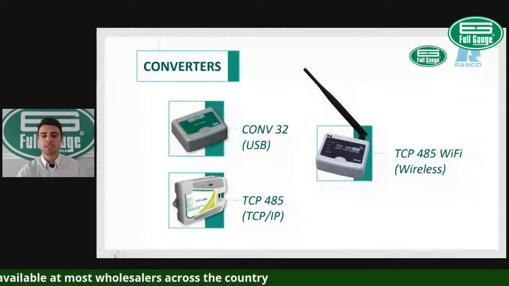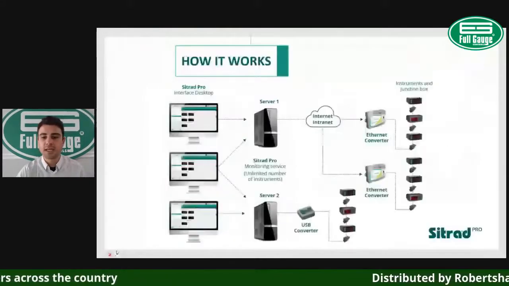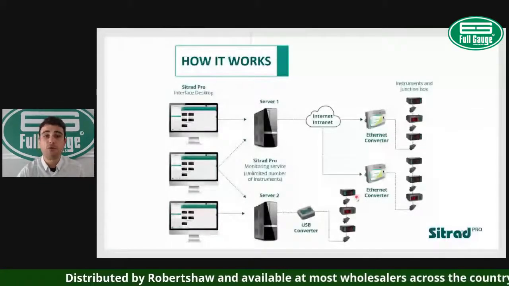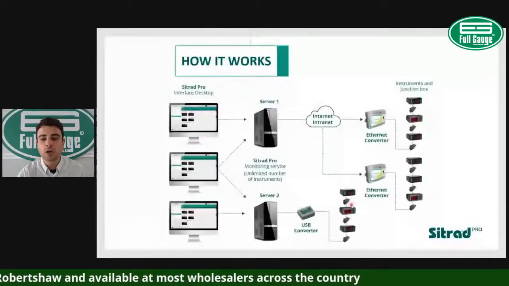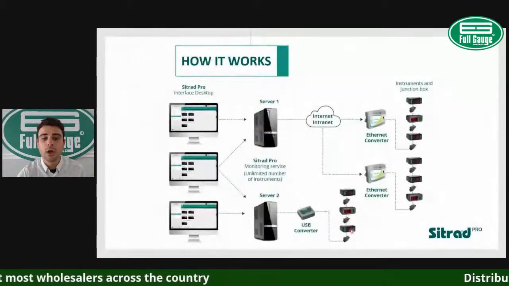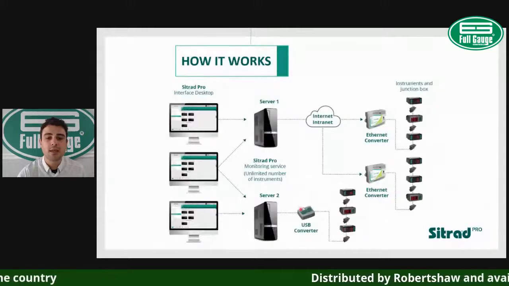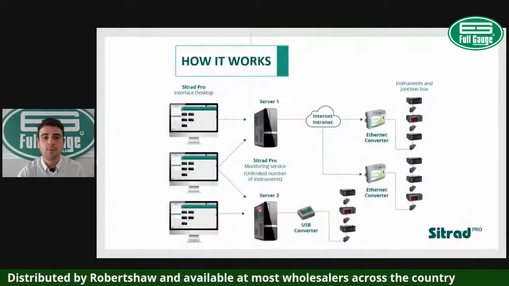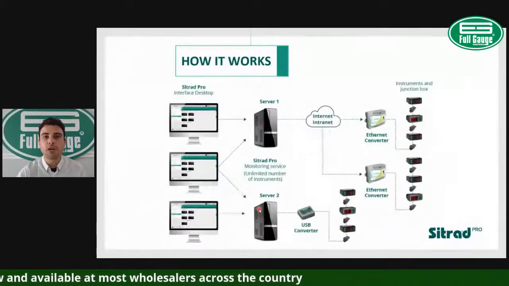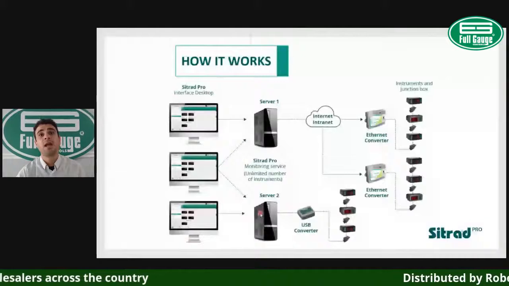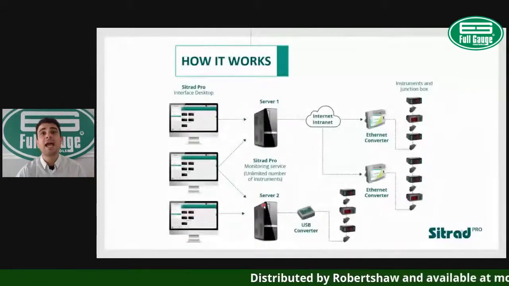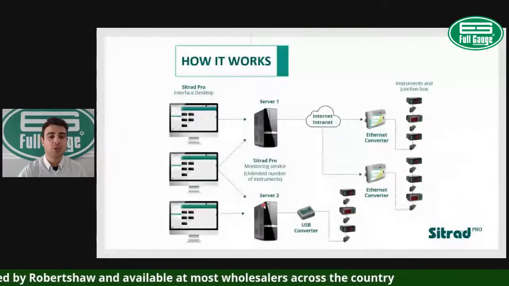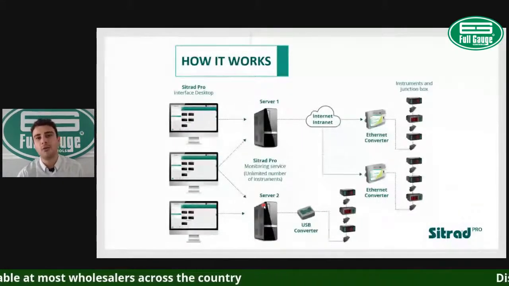So again, how that works, I have two examples here. The most basic example with my Conv32, where I have three different controllers connected to one Conv32, and the Conv32 is connected with a computer or a server that is hosting the CTRAD software. Now, if this computer is connected to the internet, it's going to have an IP address, and via that IP address, it will allow a remote connection to other computers or cell phones.